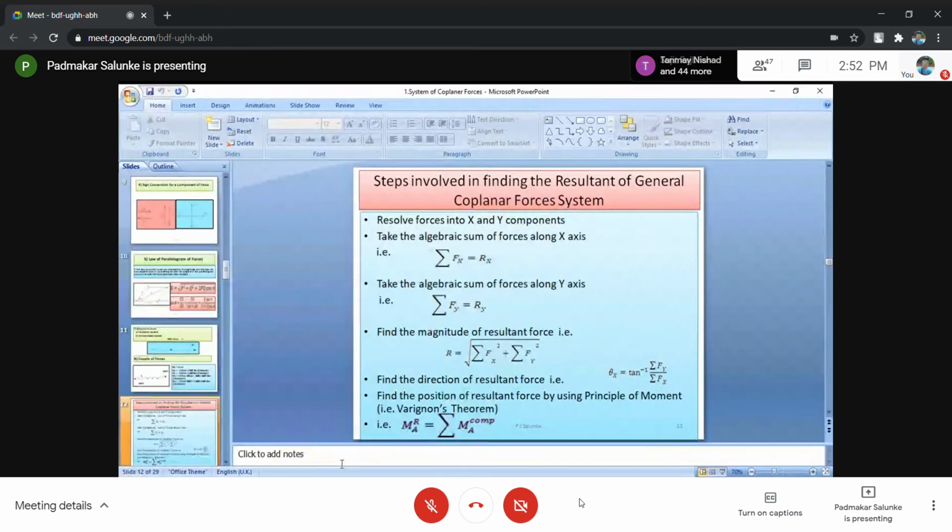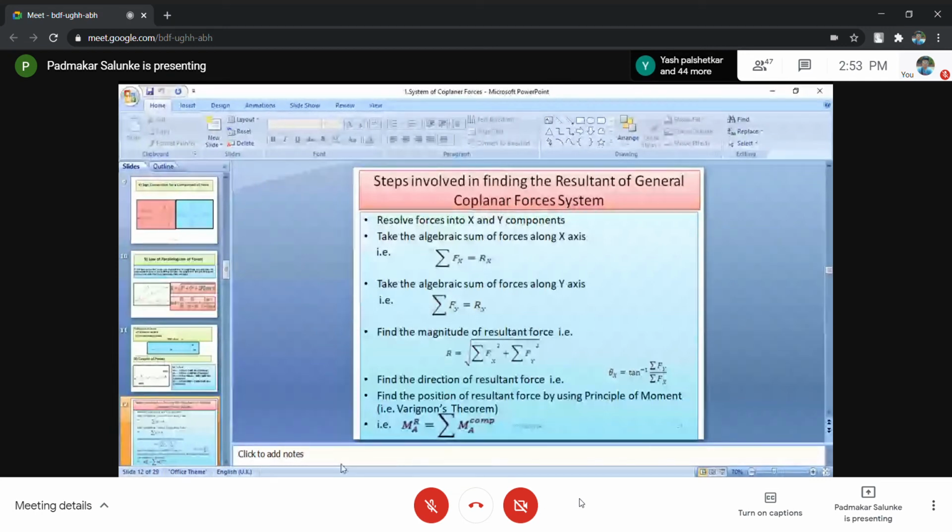Same is written in a mathematical form. If you read out whatever is written, it is the same sentence I just told: the algebraic sum of moments of component forces at point A is always equal to the moment of the resultant about the same point.